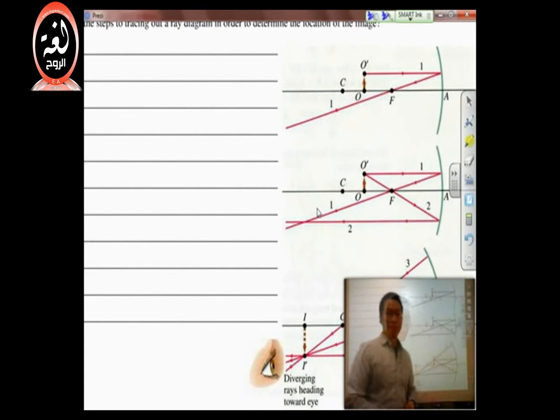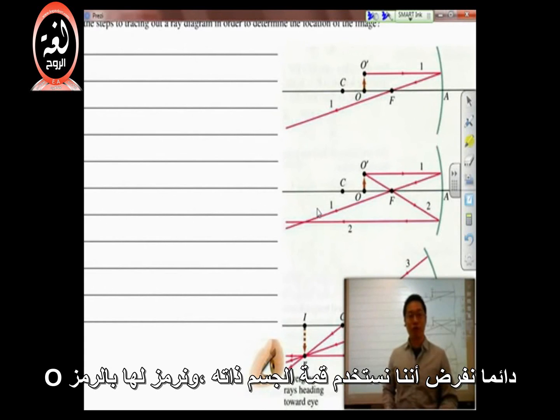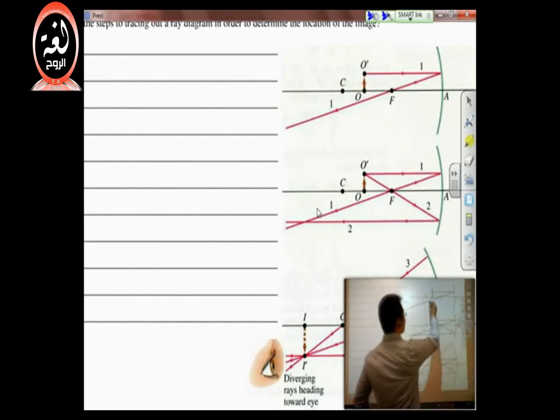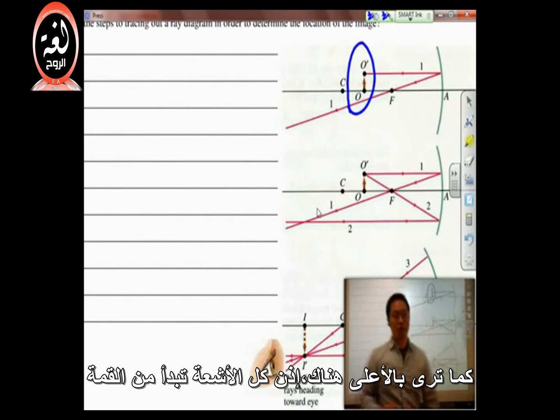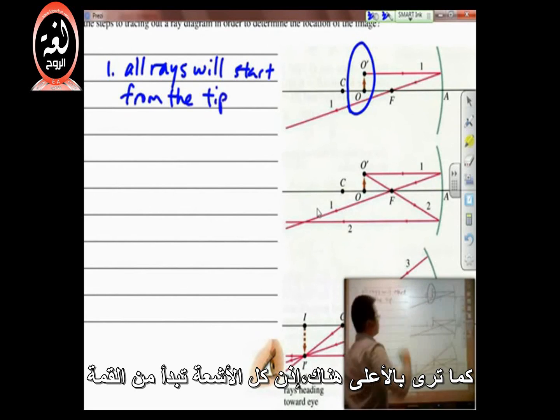Okay? First of all, we're always going to assume that we're going to use the tip of the object itself, which is going to be labeled O, as you guys can see over there. So all rays will start from the tip.